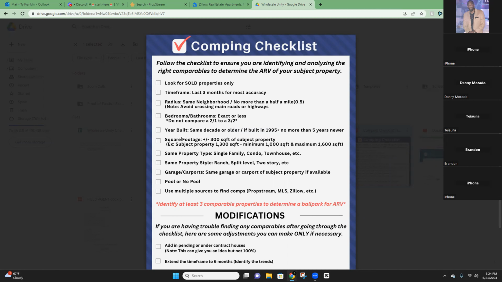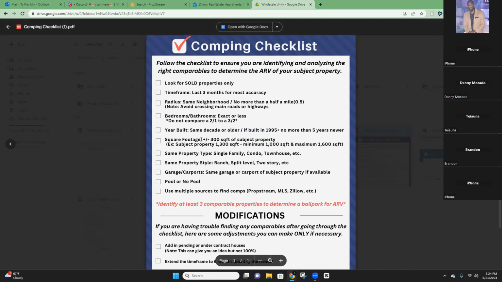I don't want to see any properties whose square footage is more than 1,500. And then I'm going to put a minimum of 900 square feet. I don't want to see any properties that have less than 900 square feet. So my range is going to be from 900 to 1,500 square feet, right? So that's plus 300 or minus 300 from my subject property.